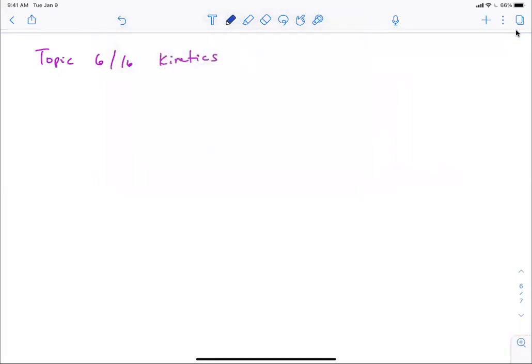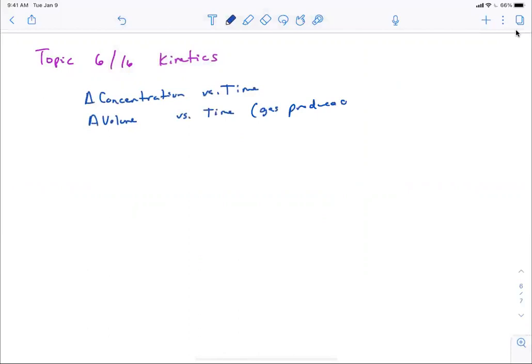We can do it as change in concentration versus time. We can measure it as change in volume versus time, like when you produce a gas, or change in mass versus time.